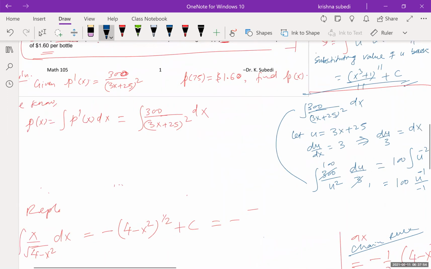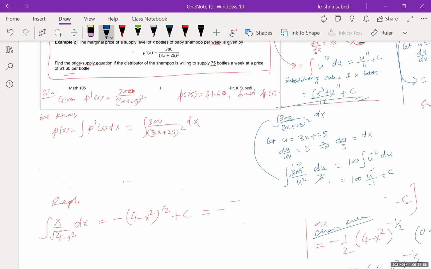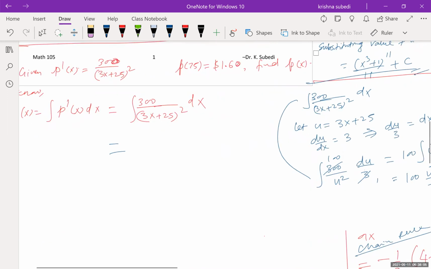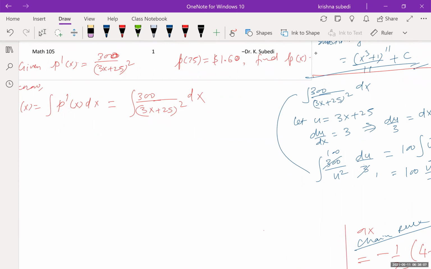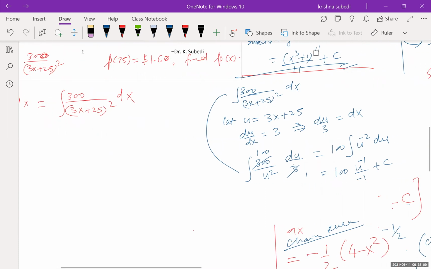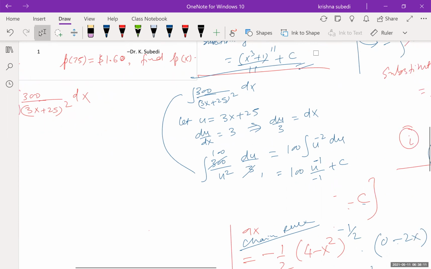Okay. All we did here is solve it and found the antiderivative. Oh, we need to substitute the value back, by the way.